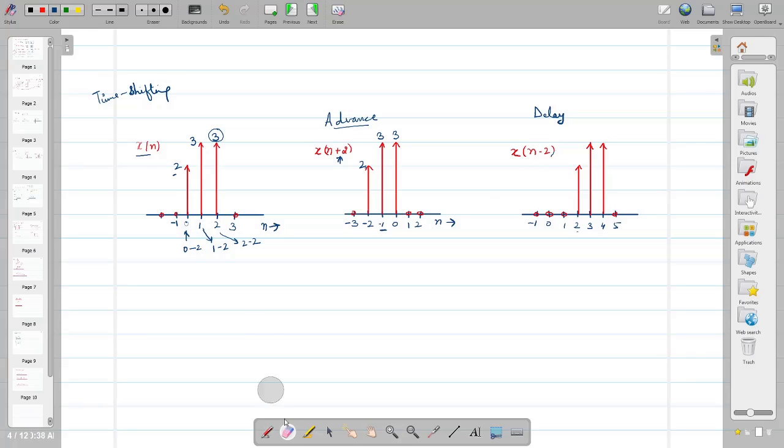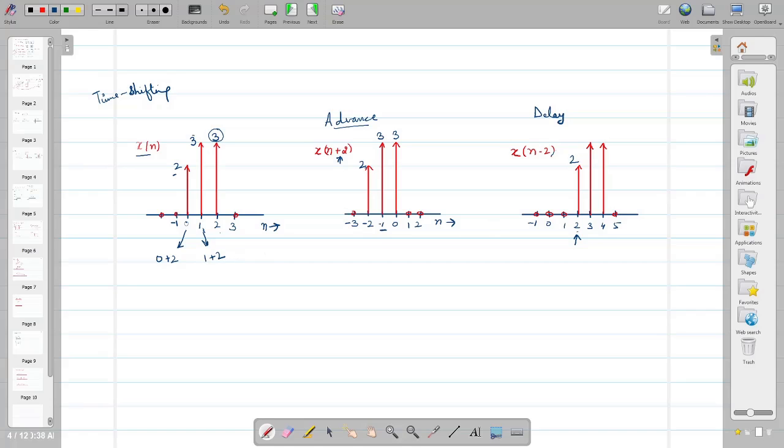So for that we have to do again the same exercise, that this 0 plus 2, this is going to give us the location of this 2 data point. So it is 2, so we have to make it 2, and another is 1, we have to add 2, so this is 3.